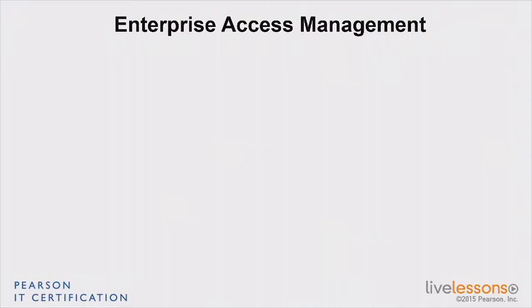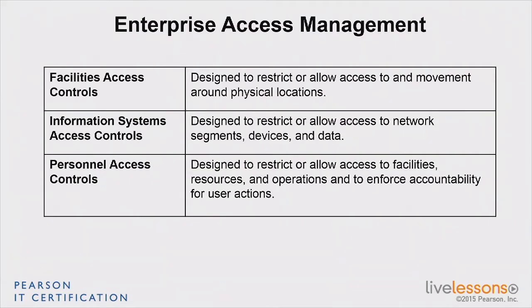We need to perform access management across our entire enterprise. Facilities access, information systems access, and personnel access. So our facilities access controls or access management is designed to restrict or to allow access to and movement around physical locations.